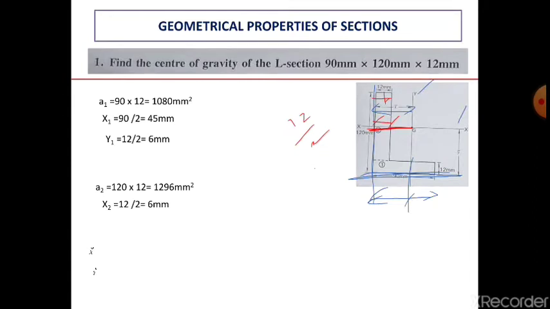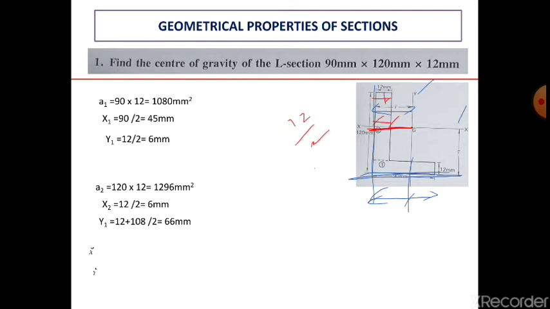So next we have to calculate y2. To calculate y2, how much is the distance? It is 120 in the y direction. So 120 by 2, obviously, because the total length is 120 including the first section's width.